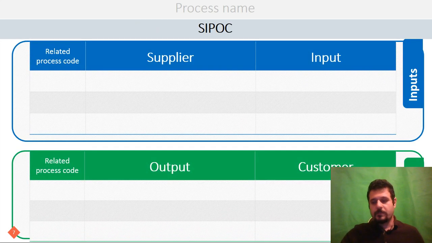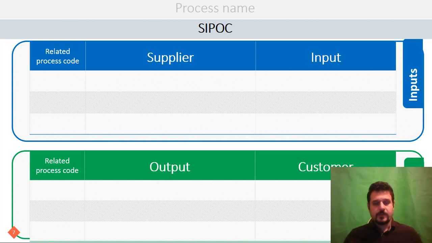The next is about SIPOC: supplier, input, process, output, and customer. Here we draw the P. We talk about the P of SIPOC in the next slide or two slides later. But when we talk about supplier and input, actually we want to determine the relationship between these processes and other processes, especially end-to-end processes.